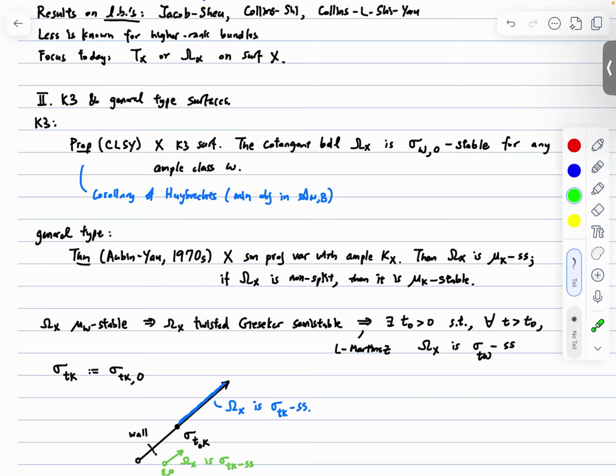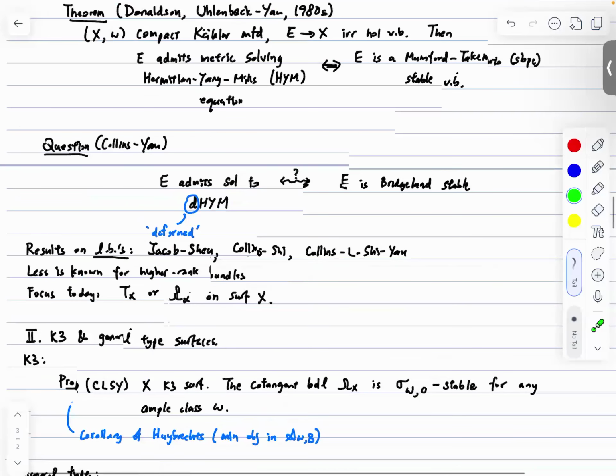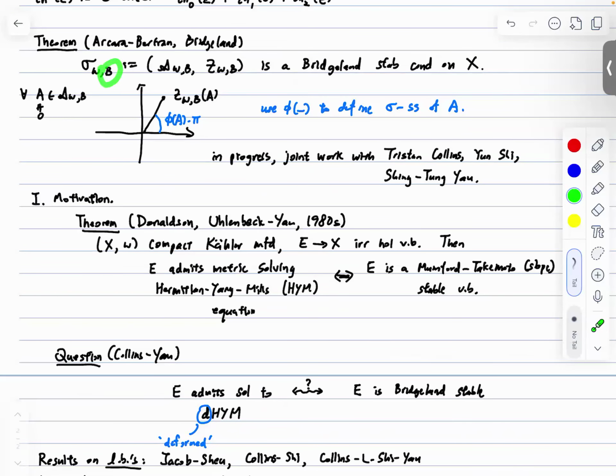I should point out that in all these results we always assume that the parameter B in the definition of Bridgeland stability is 0. So definitely you can try to see whether there are results on the stability of the tangent or cotangent bundle when B is non-zero.